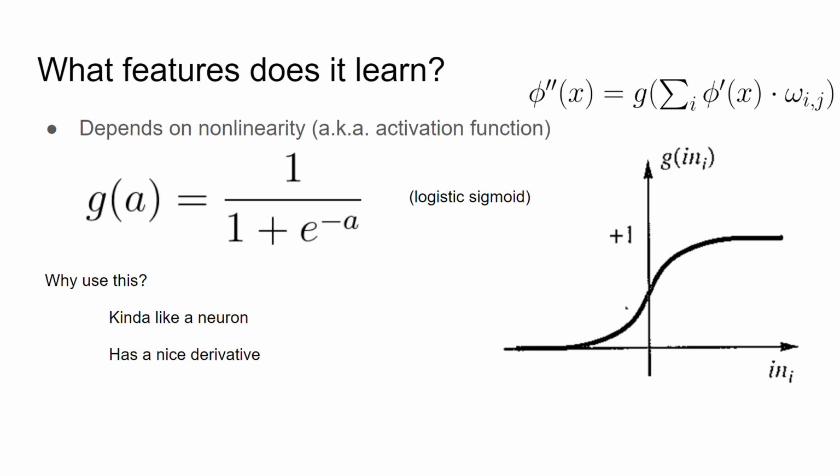Why does that matter? Well, in the backprop learning algorithm, the derivative of g shows up all over the place. It's this extra factor that the chain rule says I have to include everywhere, so I'd better have a function with a really nice derivative to compute. Does this have a really nice derivative? Well, it just looks ugly.